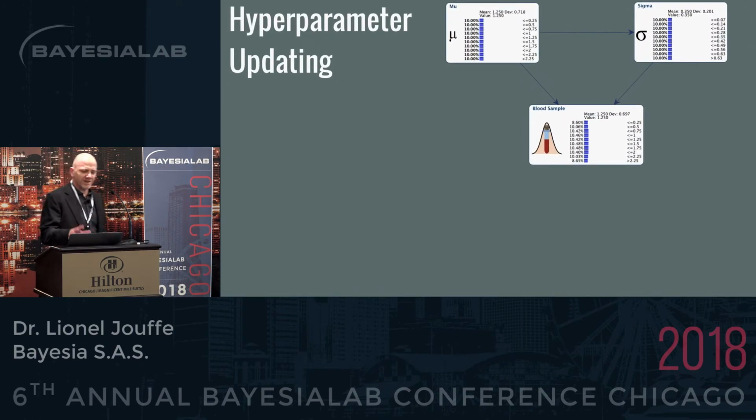I did not spend time to build another slide because we can also replace the hyperparameter updating with this one too, but it's not really the day for that. So now to come back to our classical hyperparameter updating, I don't know if you remember how this is working. A Bayesian network is a non-parametric model.